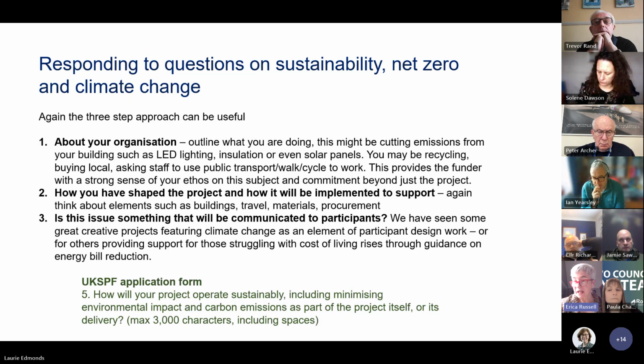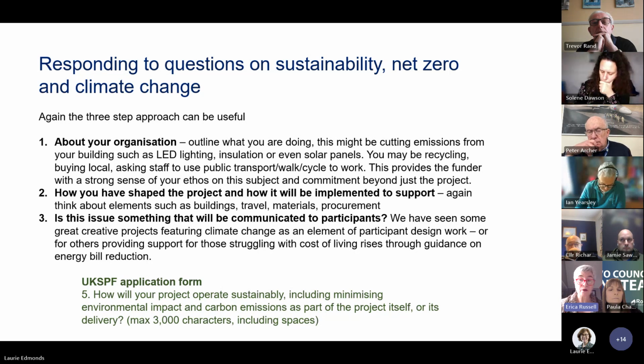How have you shaped the project? We've seen some fantastic examples in the creative sector where people have really thought about the types of materials they're using, upcycling. They're building their sustainability ideas into the programme, based in a park, looking at cycling, looking at active travel to come to them, very centrally based. Again, is it something you're going to communicate to participants?